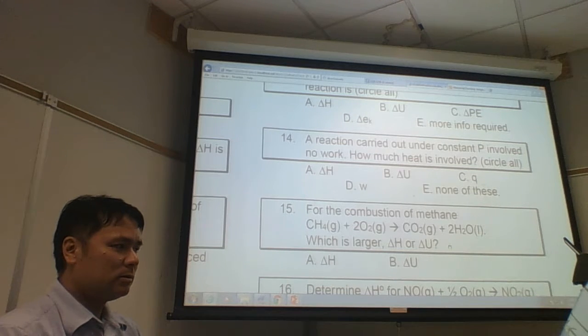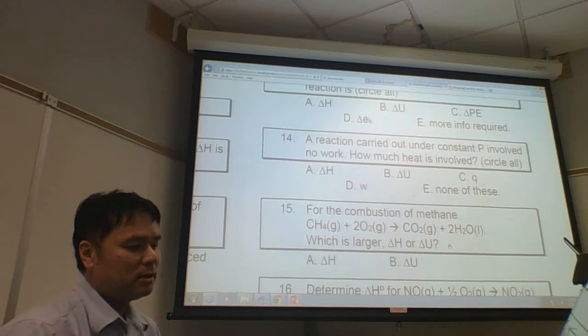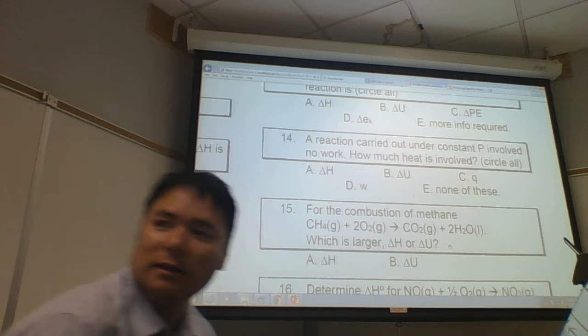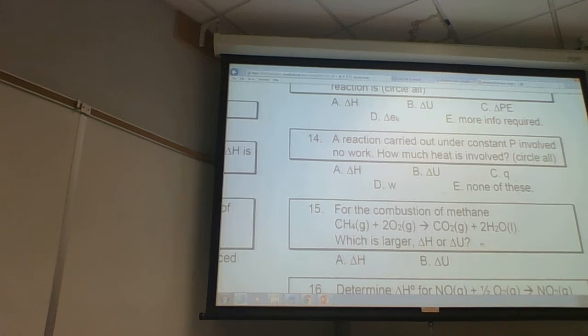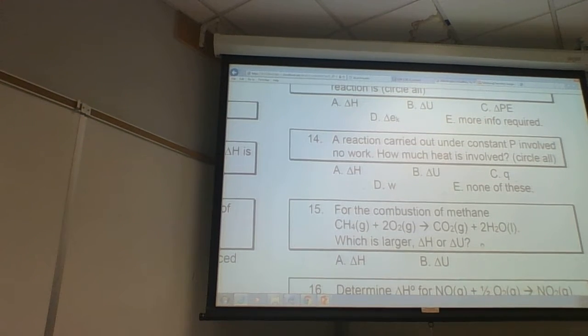Do you know what those are? Let me give you an example. Can you think of a reaction carried out under constant pressure that involves no work? Just give me an example of a reaction carried out under constant pressure that involves no work.